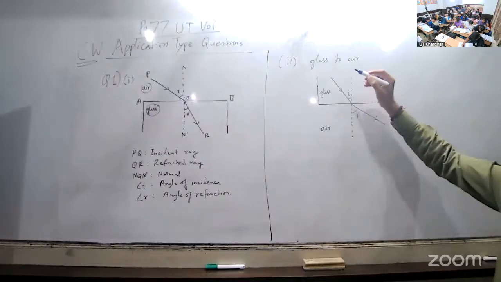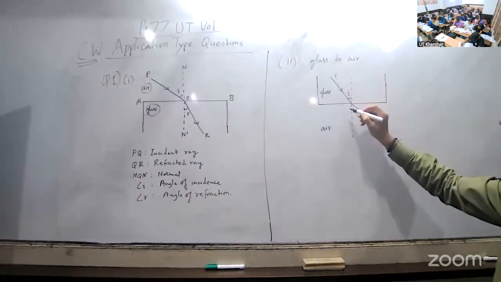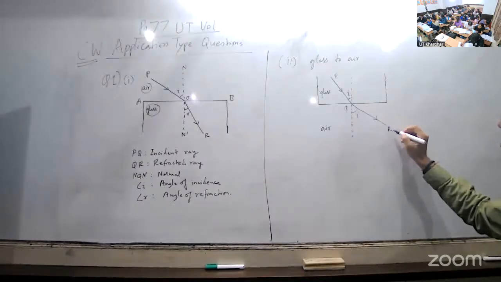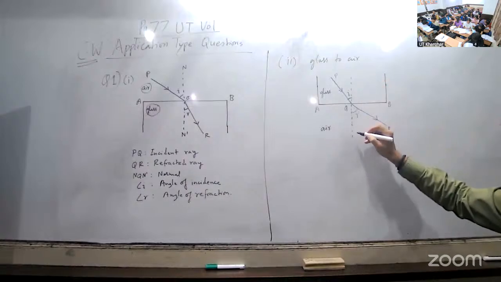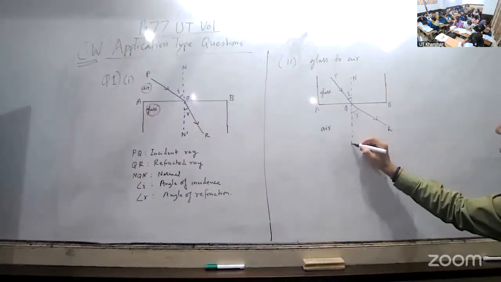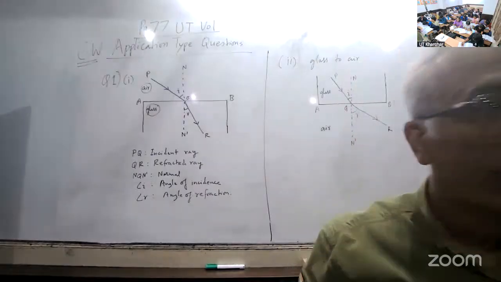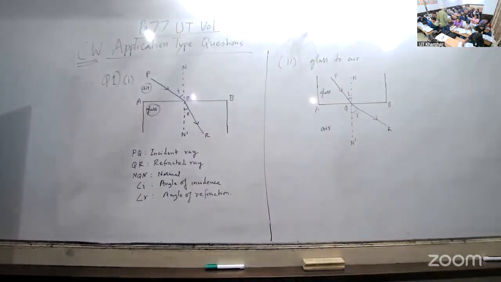Okay, same thing. So this question, the examiner wants to check angle of deviation, whether it is going towards normal or away from normal. You have to specify the medium, glass and air.